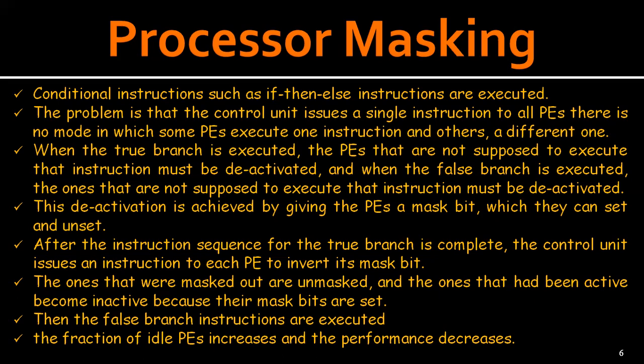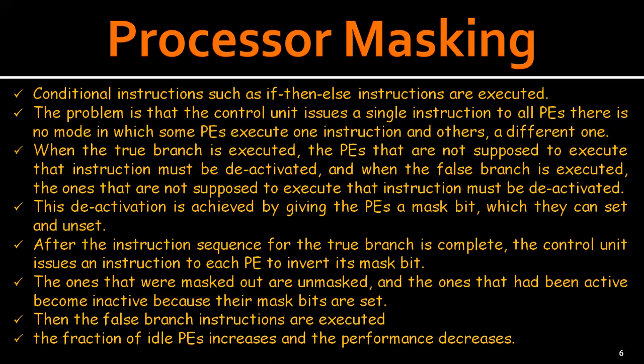Therefore, the way processor arrays work is that when the true branch is executed, the PEs that are not supposed to execute those instructions must be deactivated. And when the false branch is being executed, the ones that are not supposed to execute the instructions must be deactivated.